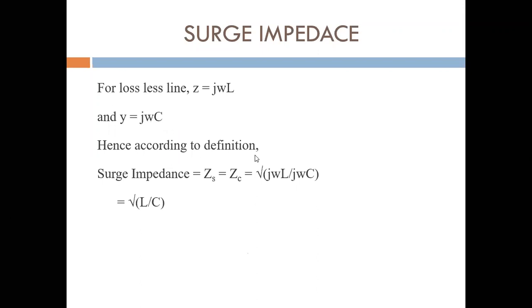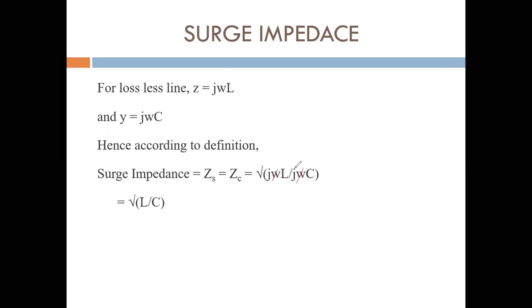Hence, according to that definition, the surge impedance is indicated by ZS. It is also called the characteristic impedance, ZC. That is written as ZC is equal to the square root of j omega L by j omega C. In that, j omega in the numerator and denominator gets cancelled.